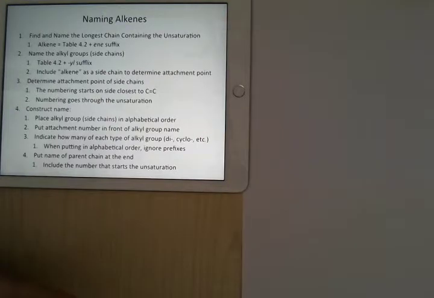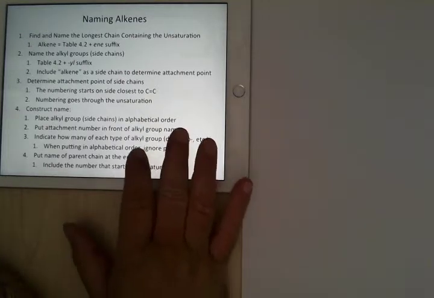Now we need to include the alkene position, because we need to know where the double bond starts. For the numbering, just like the alcohols, the chain starts at the side closest to the double bond, and then you put it together as normal, just like all the other ones.